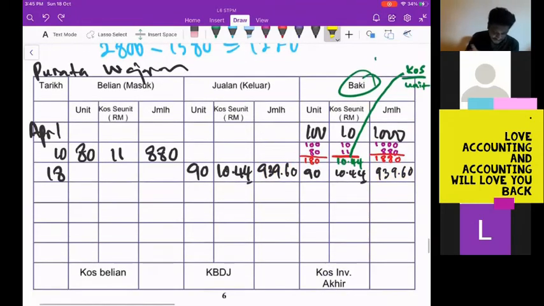Now next one is 20. On the 20th, saya beli lagi 70. 70, how much? 12. I get 840.